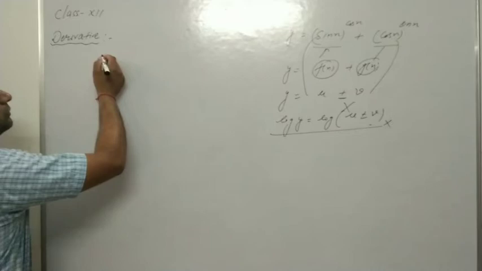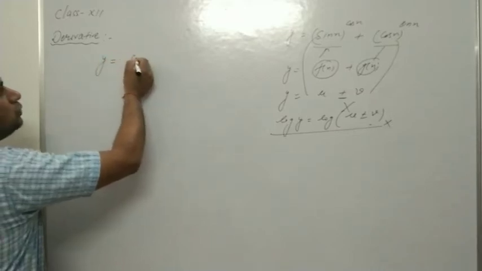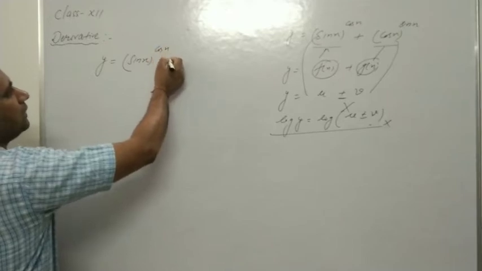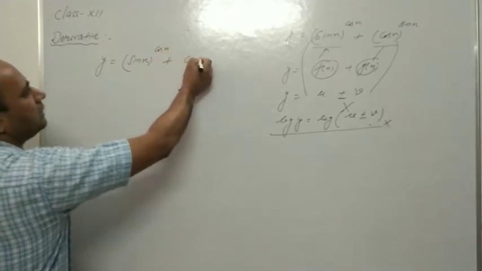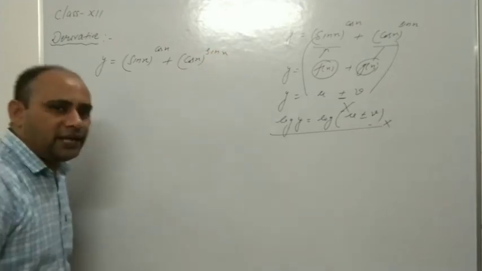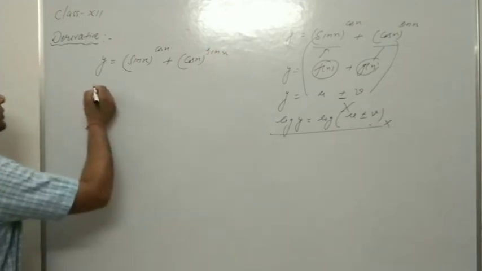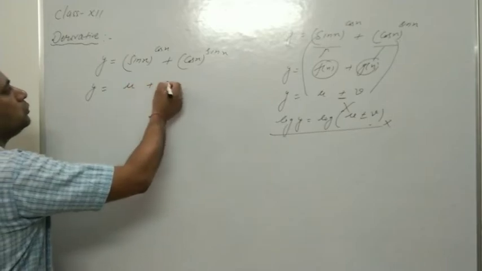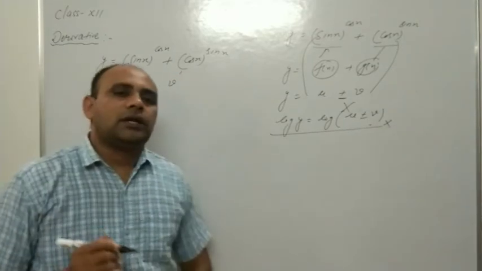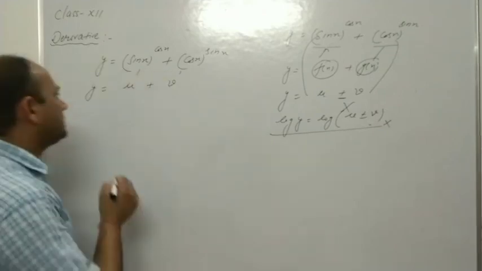Now we suppose our problem is y is equal to sin x raised to power cos x plus cos x raised to power sin x. We suppose y is equal to u plus v. First u, second v. Now differentiate with respect to x.